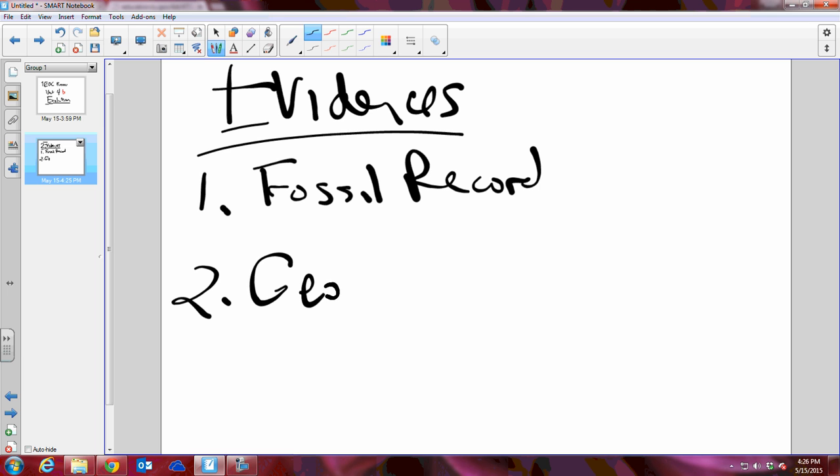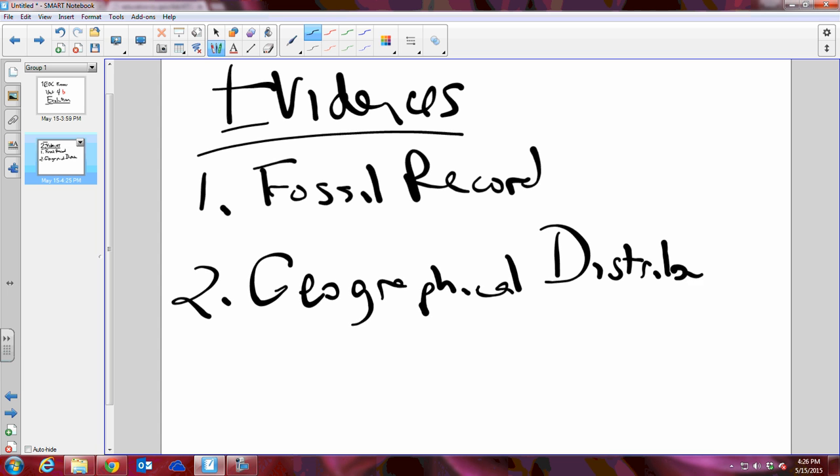Second is geographical distribution. And this is the idea that organisms from similar environments develop similar adaptations, and we call this convergent evolution.